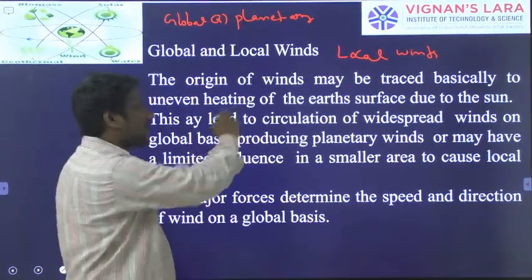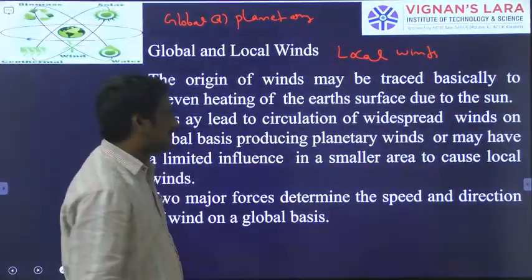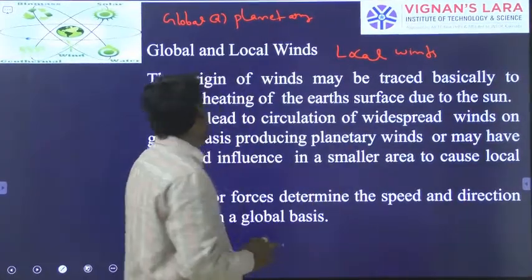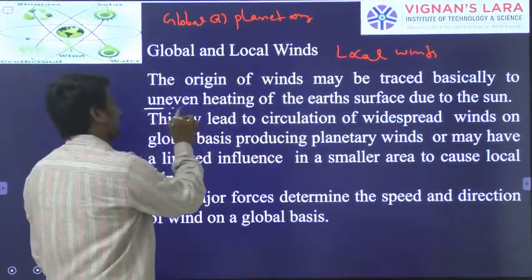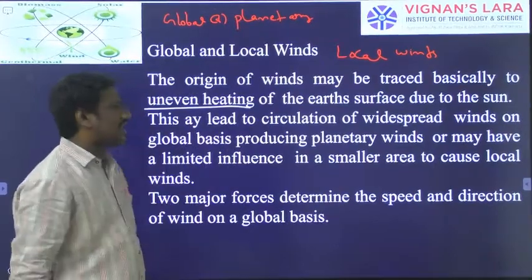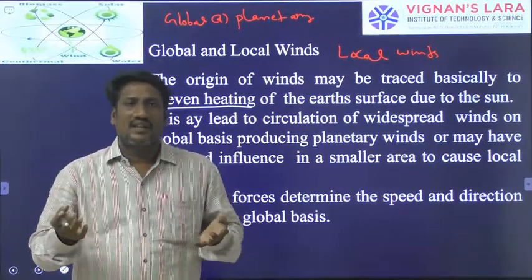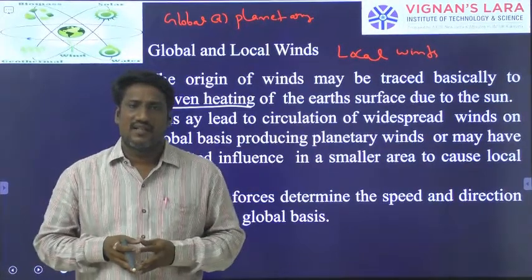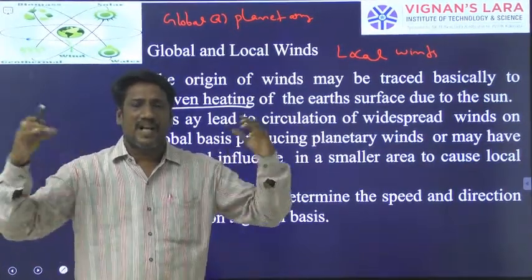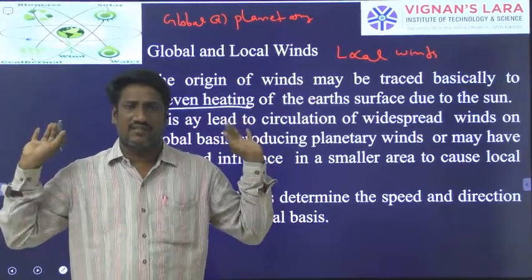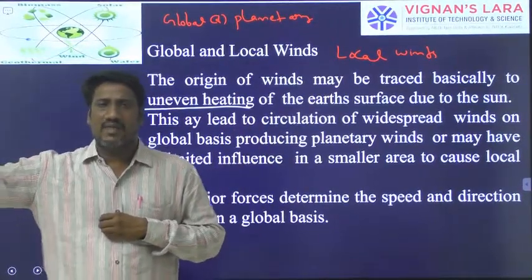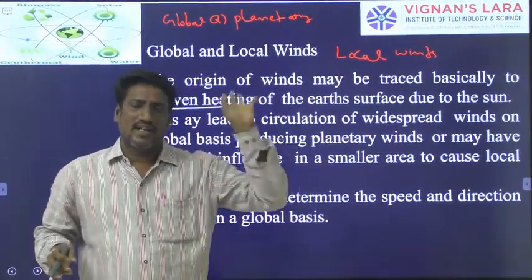Winds are basically caused by uneven heating, as we have already discussed. On the Earth you have different places, and different places absorb heat in different ways. A rocky area absorbs the heat in one way, a water area absorbs the heat in another way.